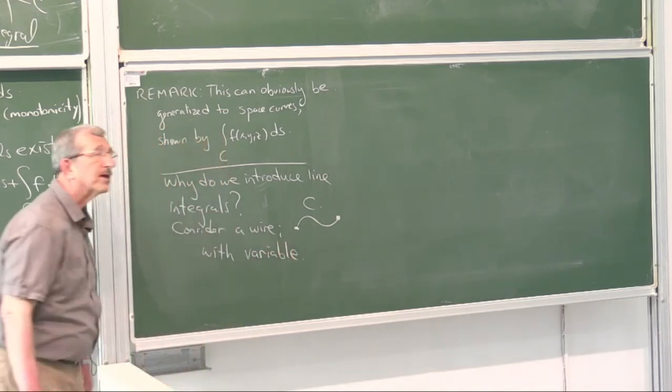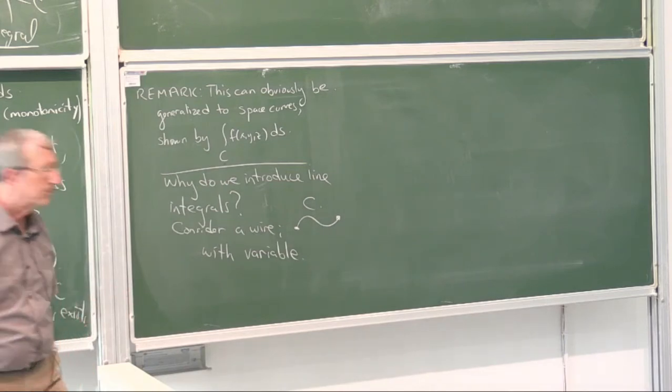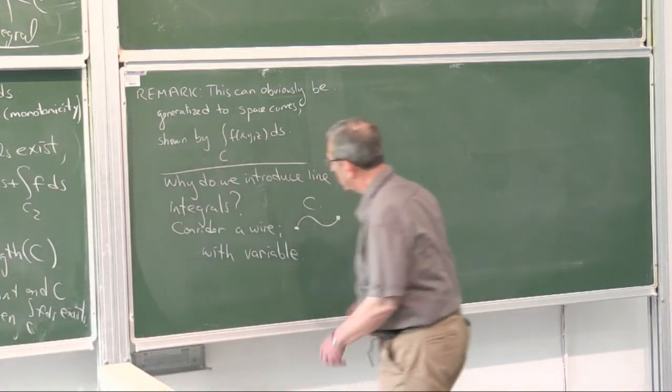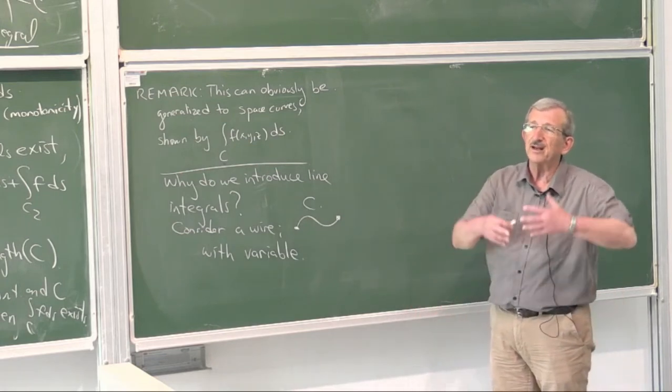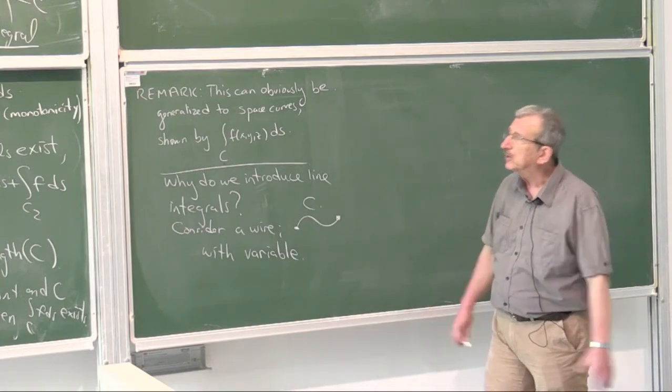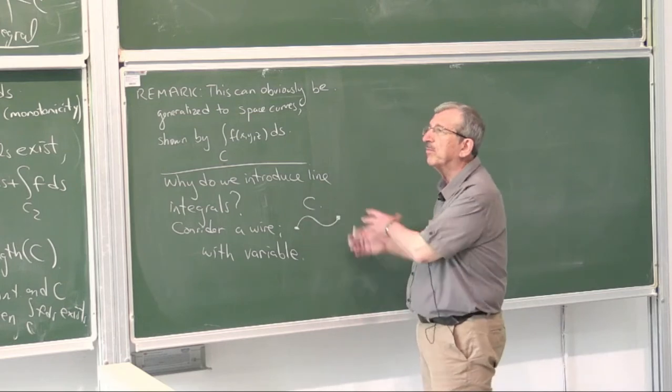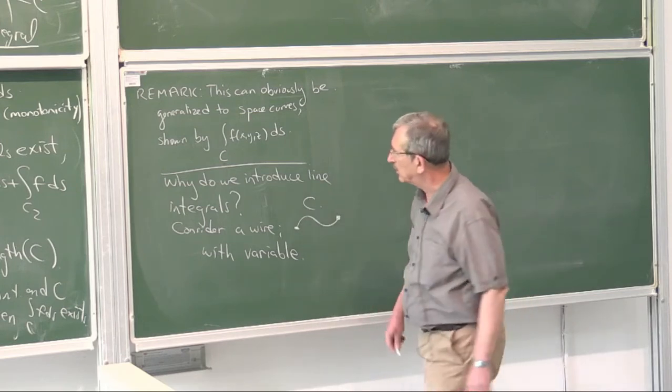It's a variable density. It's an alloy. It's made by combining different metals, but it was not done in a very uniform way. So some parts are heavier, some parts are lighter, and so on.